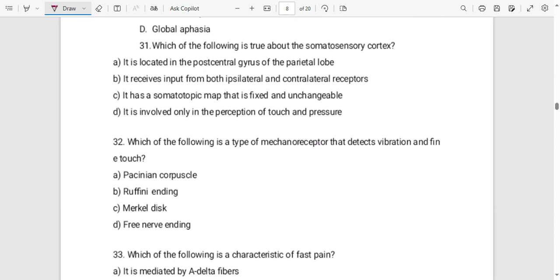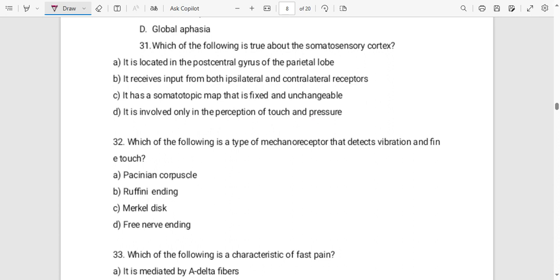31. Which of the following is true about the somatosensory cortex? A. It's located in the postcentral gyrus of the parietal lobe. B. It receives input from both ipsilateral and contralateral receptors.